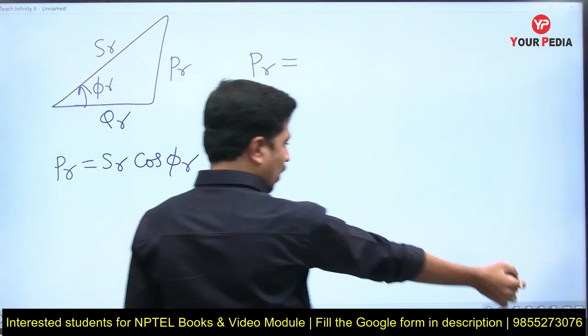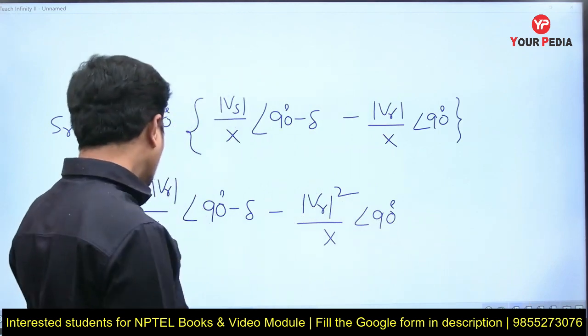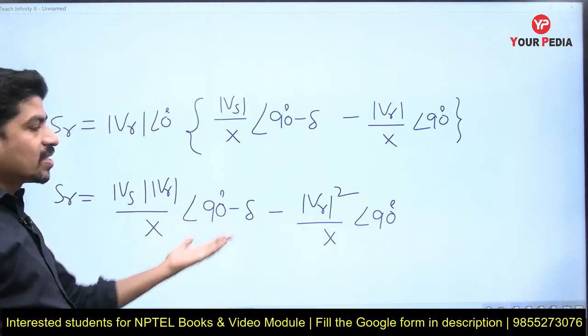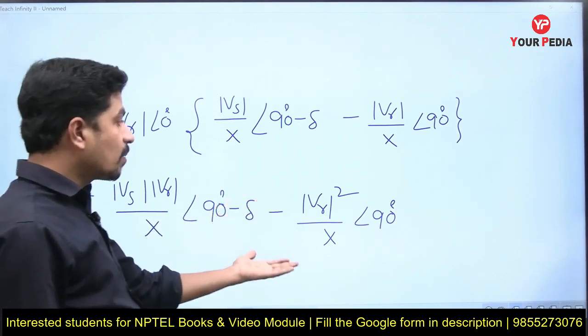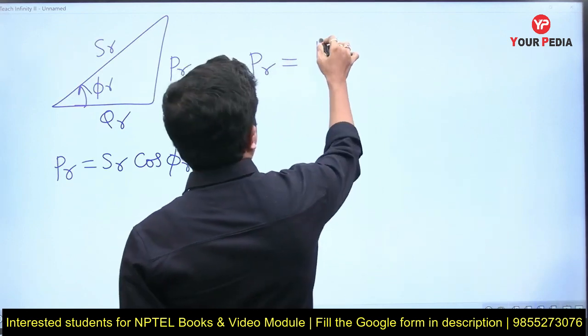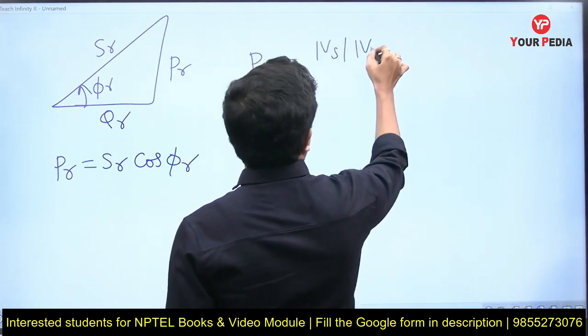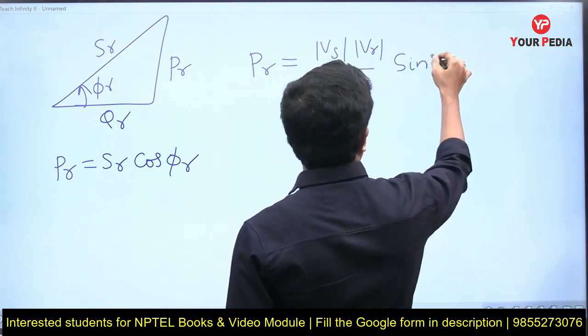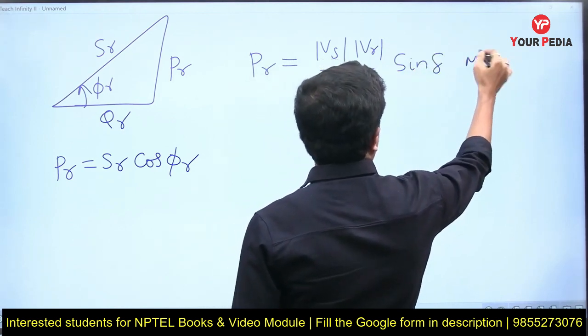PR is equal to apply cos, mod VS mod VR by X into cos 90 minus delta. Cos 90 minus delta will be sin delta. Mod VR square by X cos 90 will be 0. So what we are going to get? Mod VS mod VR by X into sine of delta megawatts.